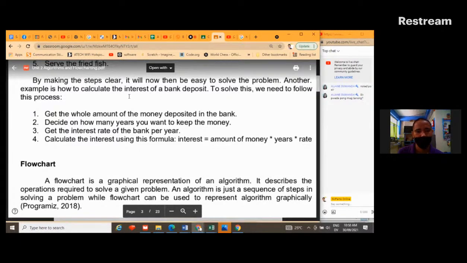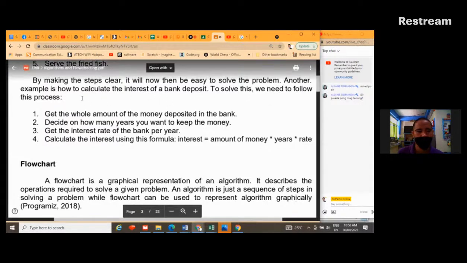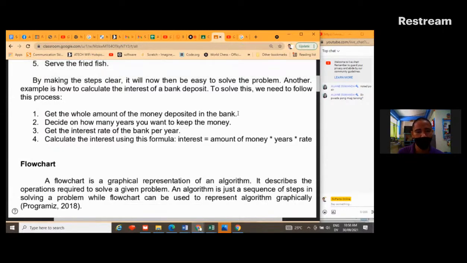So another example is how to calculate the interest of a bank deposit. To solve this, we need to follow the process: get the whole amount of money deposited in the bank, then decide how many years you want to keep the money, and get the interest rate of the bank.